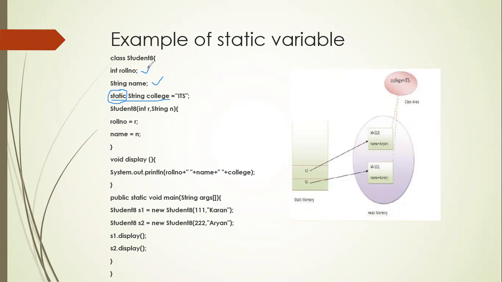Hence, for these two variables, memory will be allocated in heap memory, but for this particular static variable, memory will be created at the class area level. So this memory will be created only once. Only one time it is going to be created.